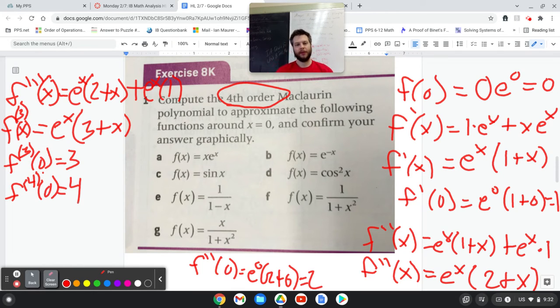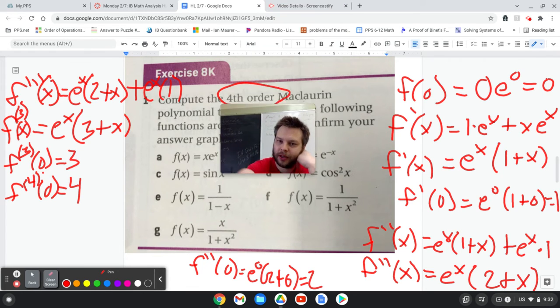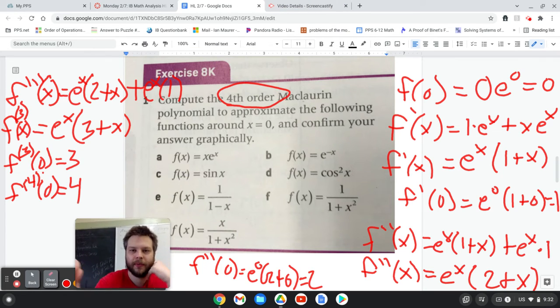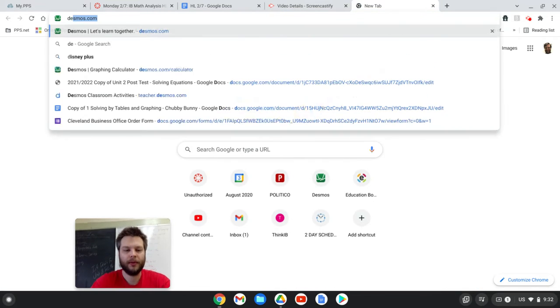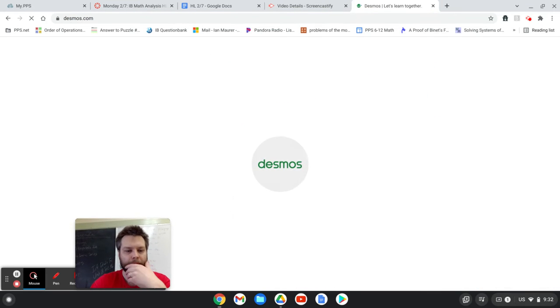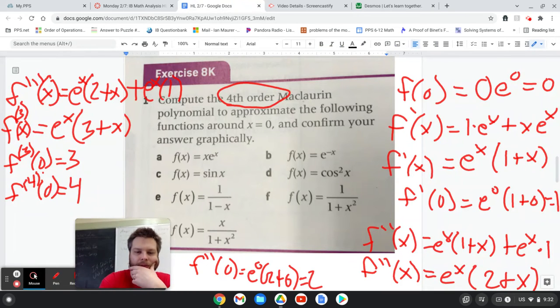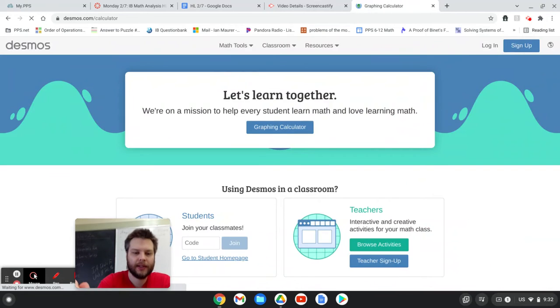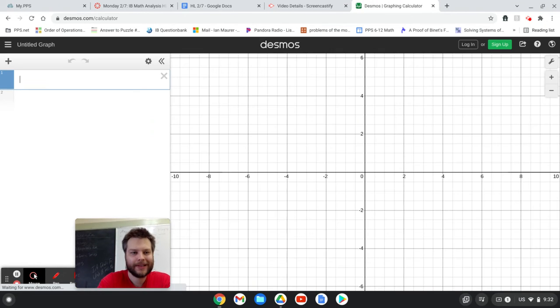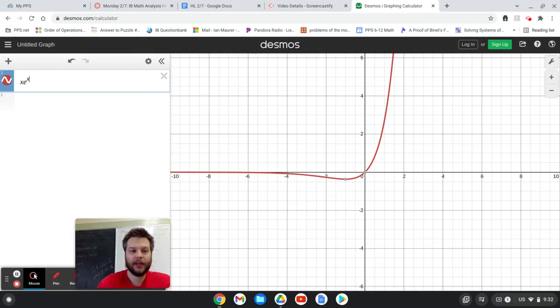And so what I'm going to do is switch over to the Desmos tab because it wants us to confirm our answer graphically. So let's open up Desmos here. Let's see. So we had 0, 1, 2, 3, 4, and our original function is x e to the x. Okay, so here's x e to the x.